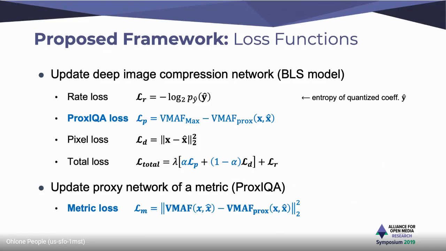I added it into the loss for the RD cost for optimizing the deep compression network. And in the stage of optimizing the ProxIQA network, I simply minimize the L2 norm between VMAF and VMAF prox.